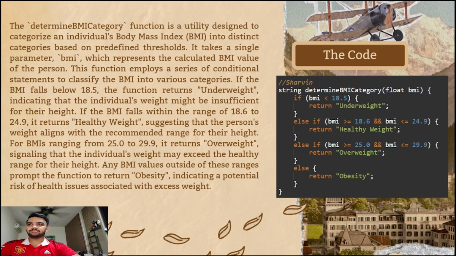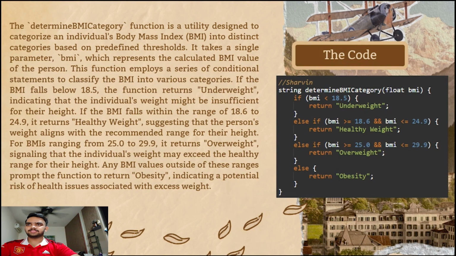If the BMI falls below 18.5, the function returns underweight, indicating that the individual's weight might be insufficient for their height. If the BMI falls within the range of 18.6 to 24.9, it will return healthy weight, suggesting the person's weight is aligned with the recommended range for their height.